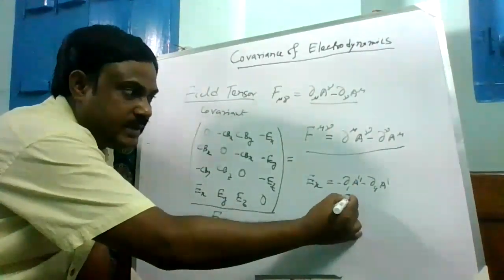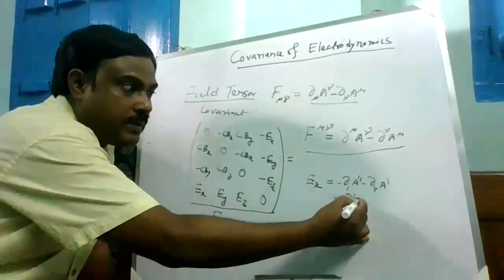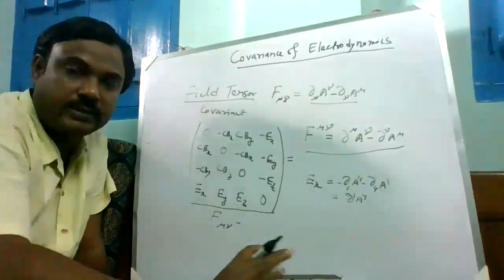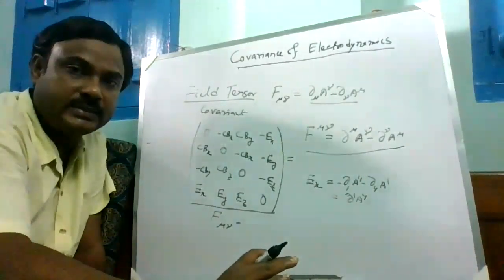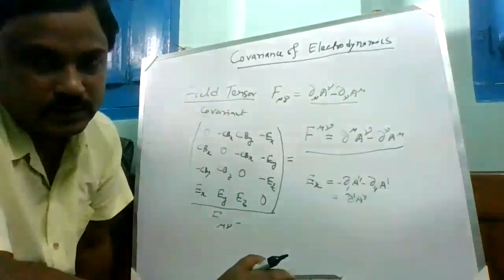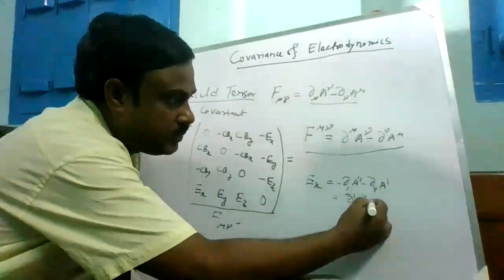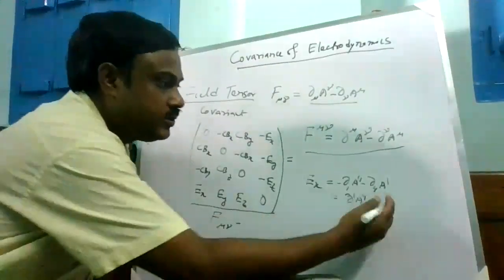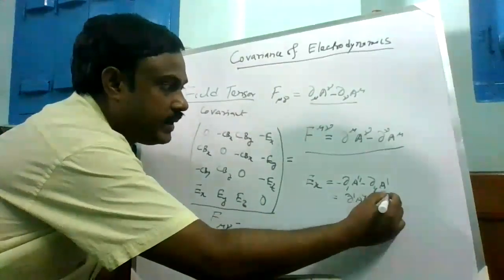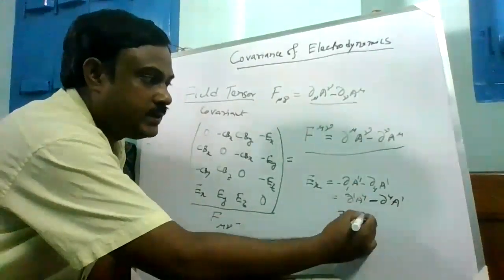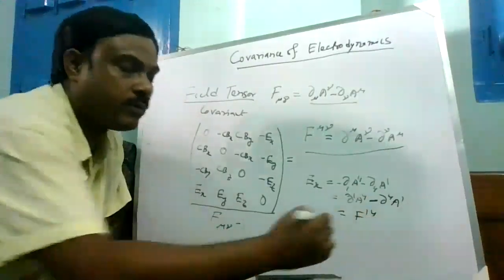So it will be del 1 A4. And del 4 does not change sign, because in both contravariant and covariant form it is positive. So this will be equal to del 4 A1.